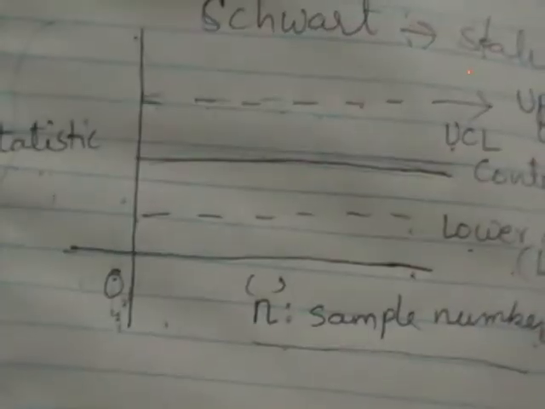Whatever the control chart is, out of these six charts, this is the structure. Moreover, to draw a control chart, you should have UCL, LCL and CL. So, these are called the 3 sigma limits.